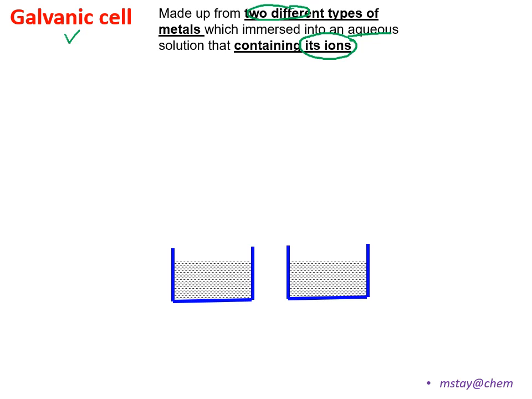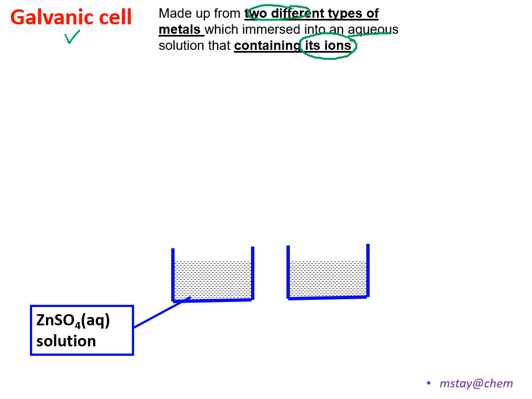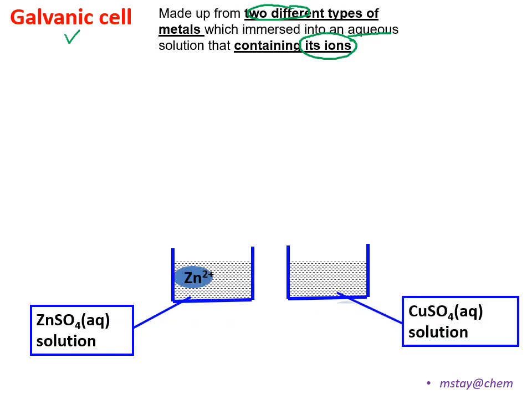Now let's start with 3.1, the galvanic cell. Basically, a galvanic cell is made up of two different types of metal, each immersed in an aqueous solution containing its ion. For example, if we have a beaker consisting of zinc sulfate solution, the electrode will be zinc.